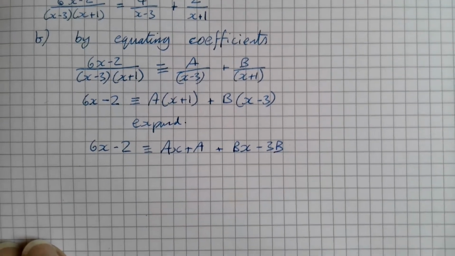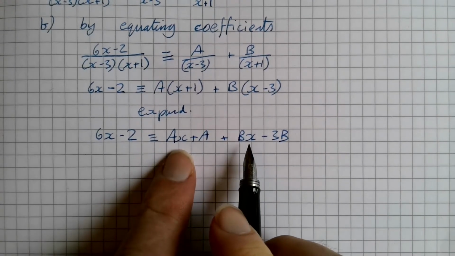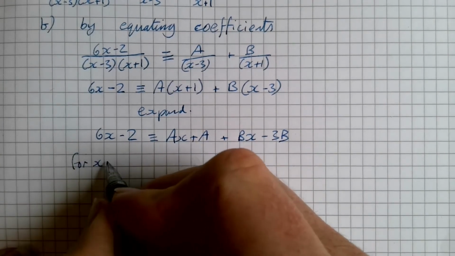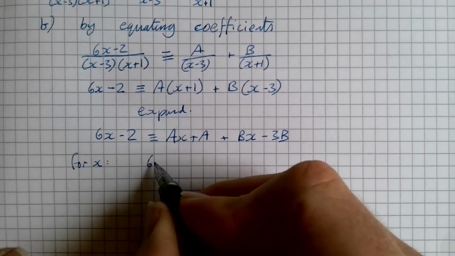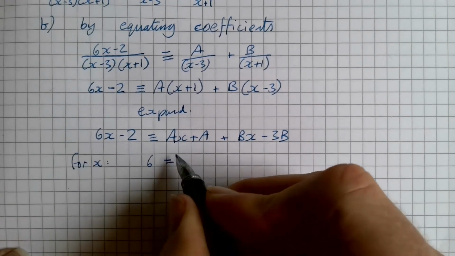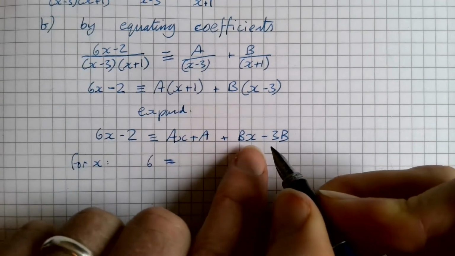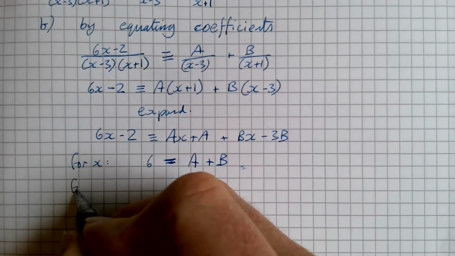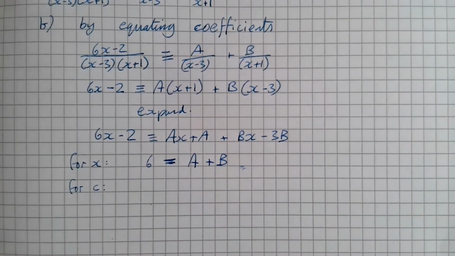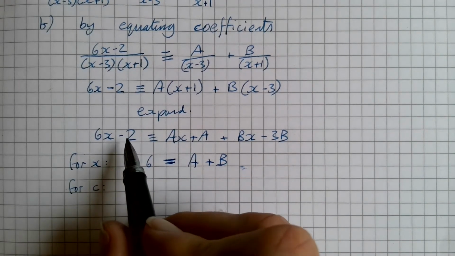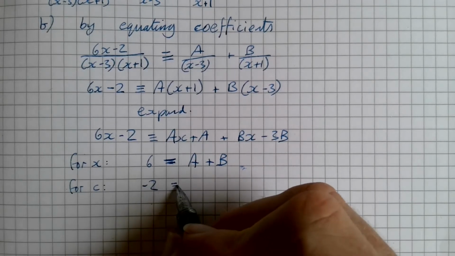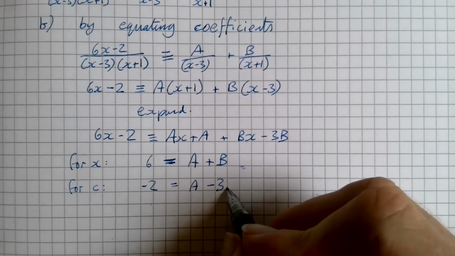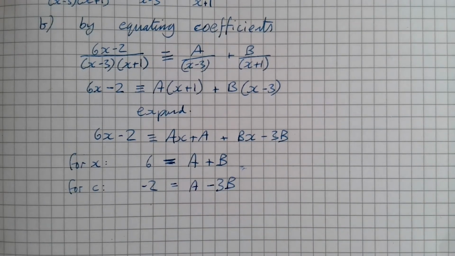Now the equating coefficients means, well, we've got so many x's and we've got so many normal numbers, so we can say for x, 6 is going to be equal to a plus b, and I'm going to call that for c as in the constant that's in here. So we've got minus 2, and that's going to be equal to a minus 3b.